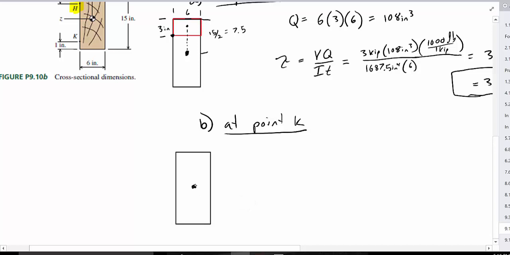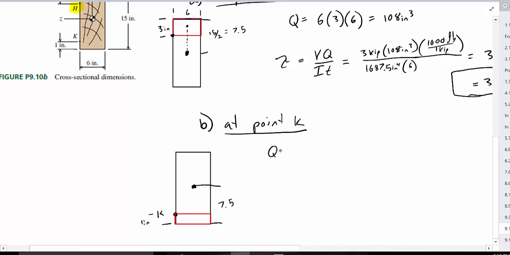If this is the centroid, and this distance here is 7.5, and then if this is our K, which is 1 inch from the outermost edge, then our area in question, right?